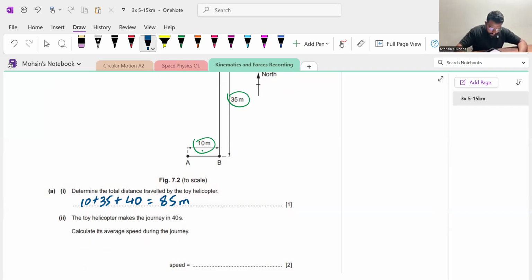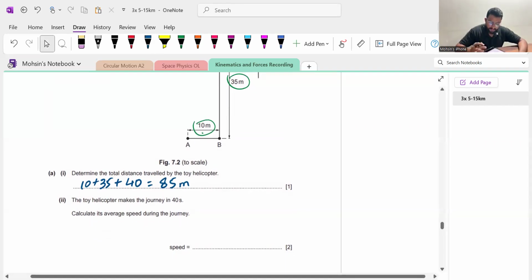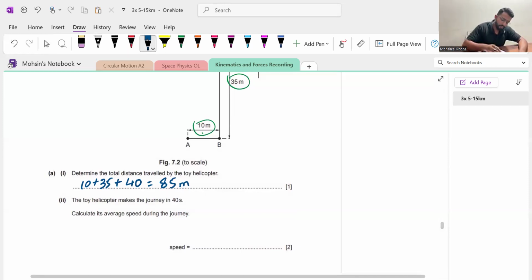The toy helicopter makes the journey in 40 seconds. So calculate its average speed during the journey. So average speed is total distance over total time.